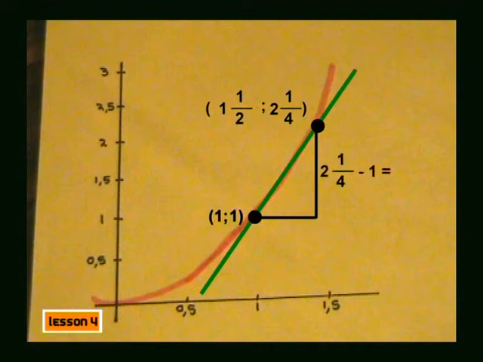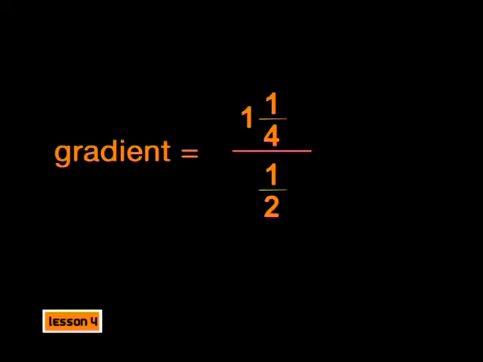The vertical change is 2 1/4 minus 1, which equals 1 1/4. And the horizontal change is 1 1/2 minus 1, which equals 1/2. I can now calculate the gradient as follows, and it equals 5/2, which is the same as 2.5.